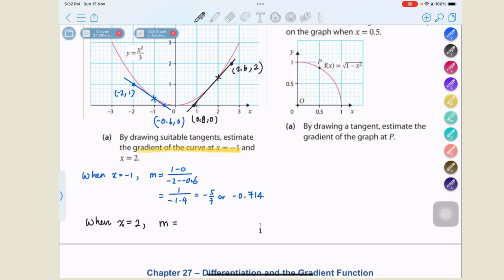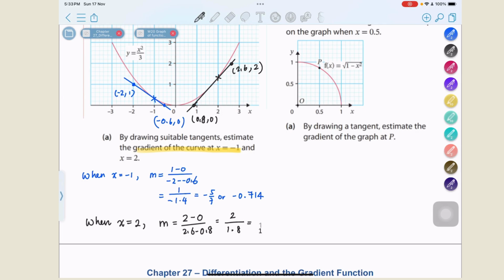I will put y2, which is 2 minus 0, over 2.6 minus 0.8. From here I get 2 over 1.8.